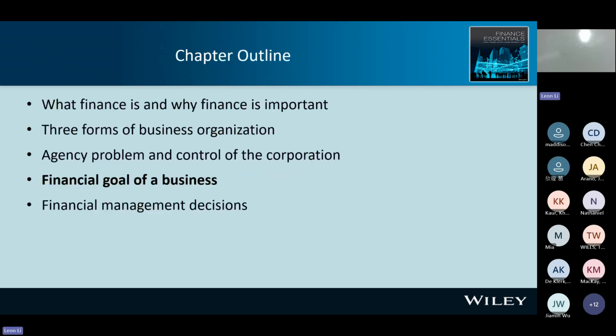Okay, we finished two topics. We have discussed the three forms of business and the agency problem. We also discussed the solutions to the agency problem. Now our next topic is the financial goal of a business.